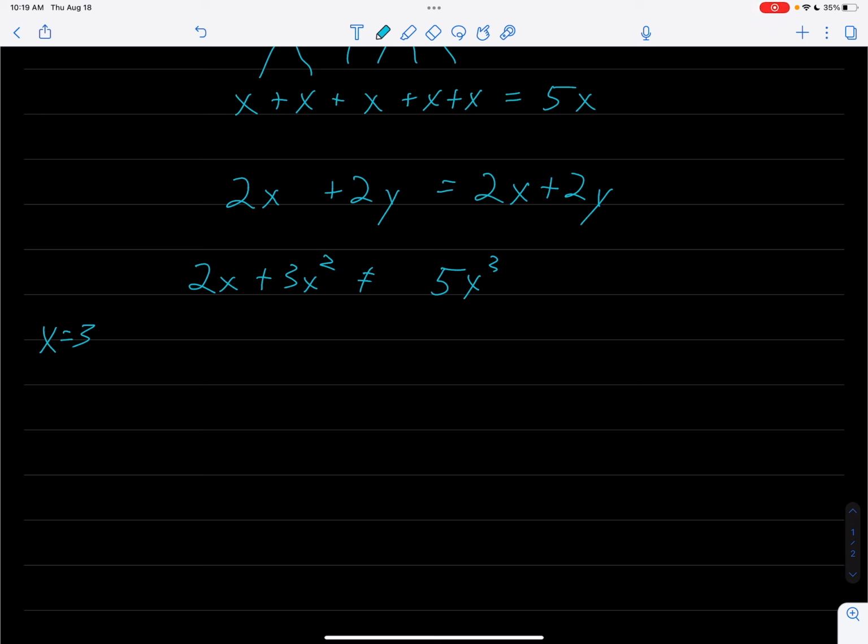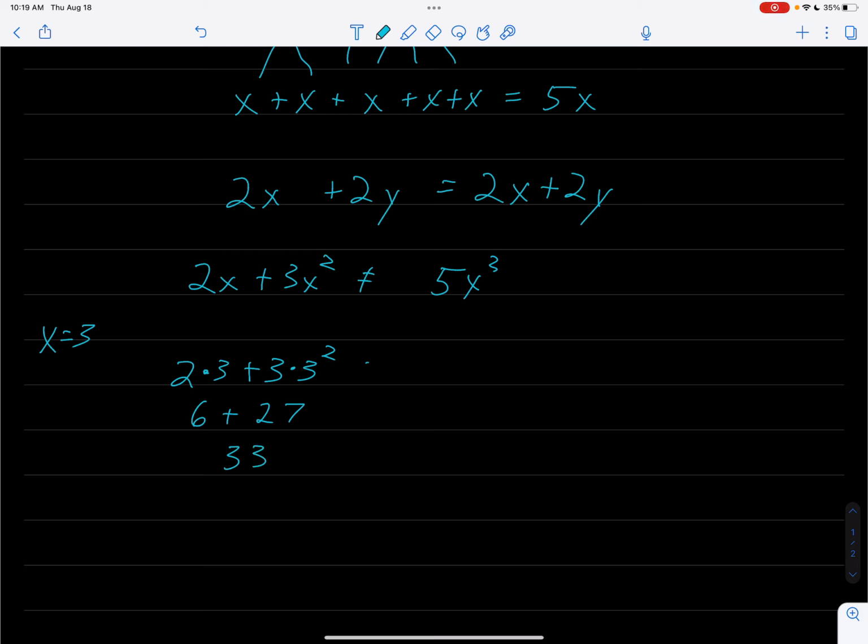On the left side, I get 2 times 3 plus 3 times 3 squared, which is 6 plus 3 times 9. 3 squared is 9. 3 times 9 is 27. So I end up getting 33.